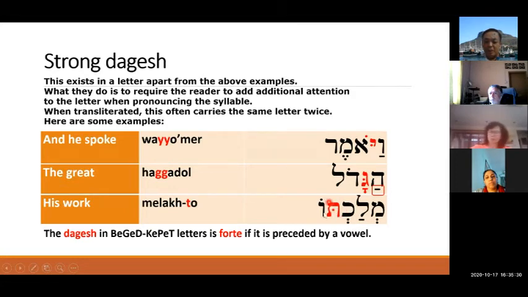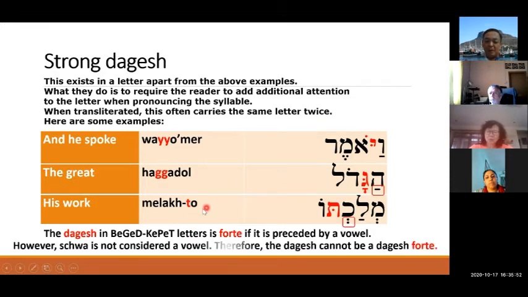Therefore, this one cannot be a Dagesh forte. It is a Dagesh lene, so you just read it as a TO only. There's no TTO, right?